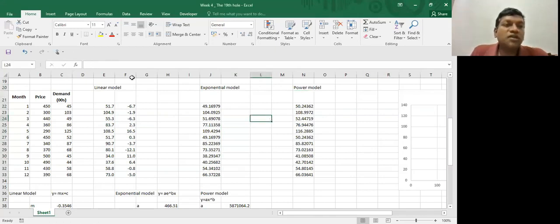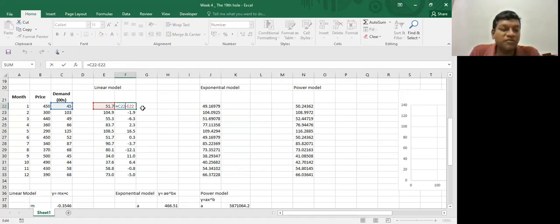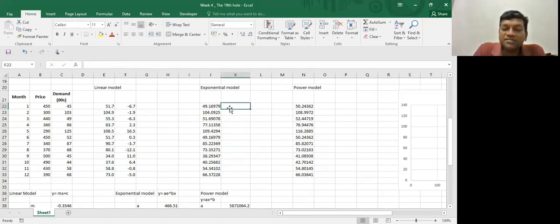Okay, fine. So now for the linear model, this is the value predicted, and this is the actual demand, which is 4,500, but we have predicted 51,700. So we have tried to find the difference between the linear model and the actual demand, which is simply this value minus that value, dragged all the way down. Now, similarly, I can repeat the same exercise for the other models also.